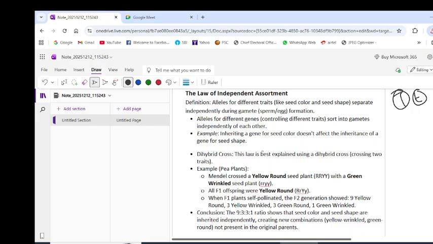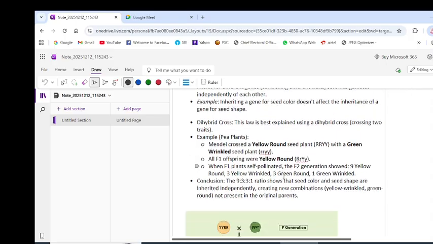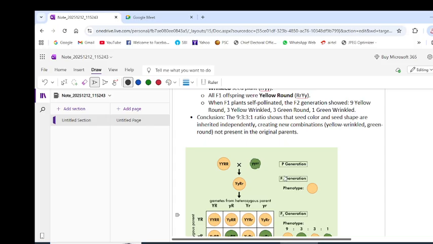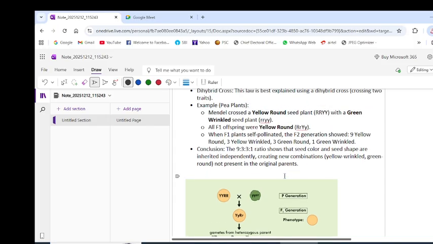So to prove this, what he did was he crossed a yellow round plant with a green wrinkled plant.